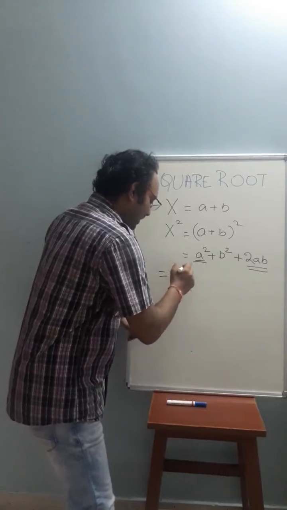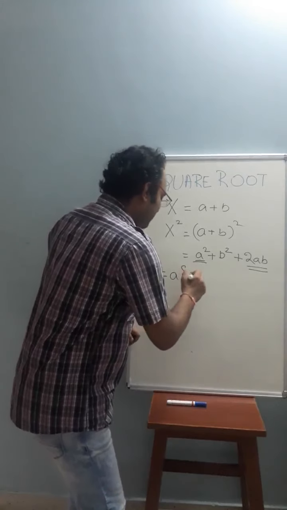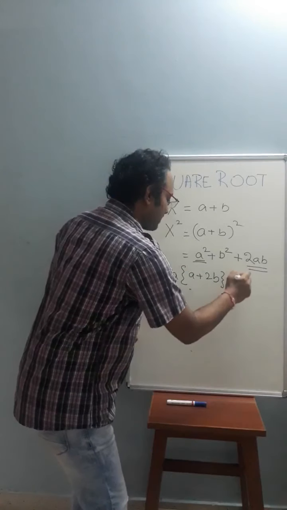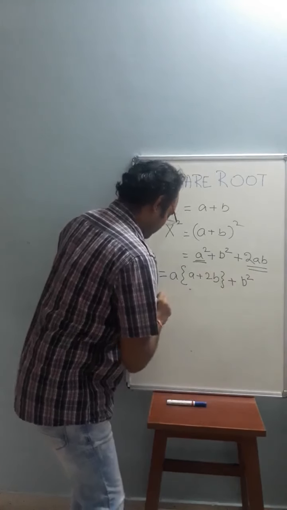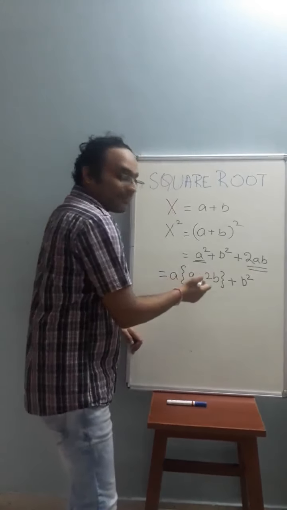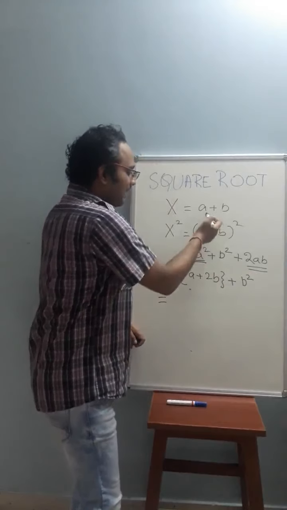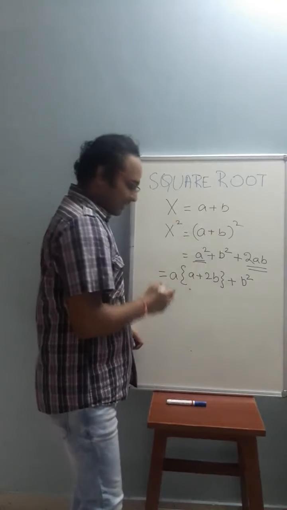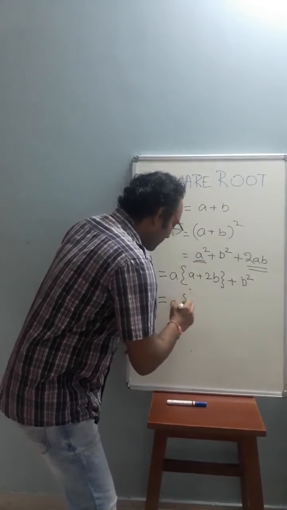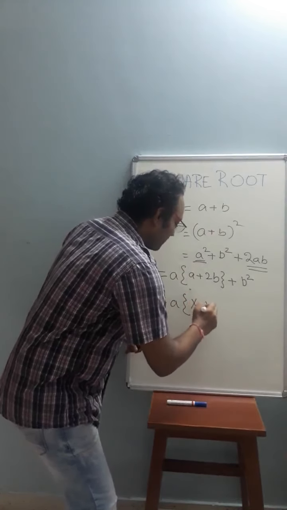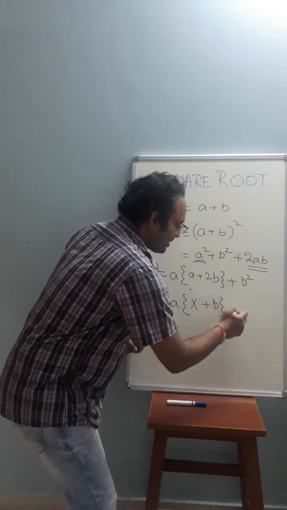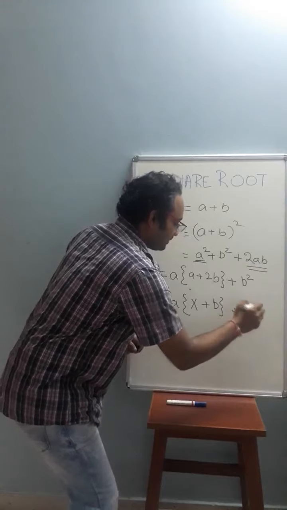So it is a into a plus 2b plus b square. A plus 2b is a plus b plus b. A plus b is nothing but x. So a plus 2b becomes x plus b plus b square.